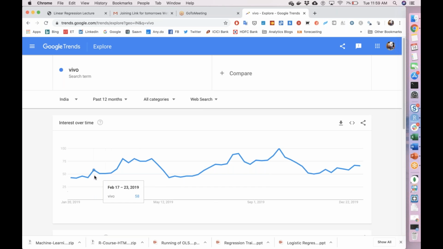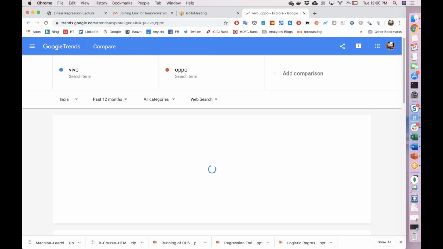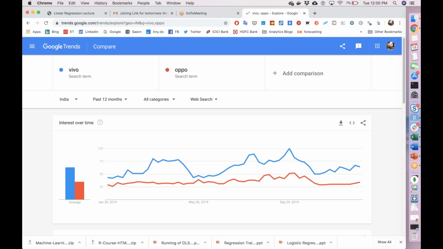Cool. So what do you see here? Every data is actually being put between 0 to 1. This is normalized data. Let's say I compare Vivo versus Oppo. What do you see here? I also have Oppo, and all of these values are between 0 to 1.